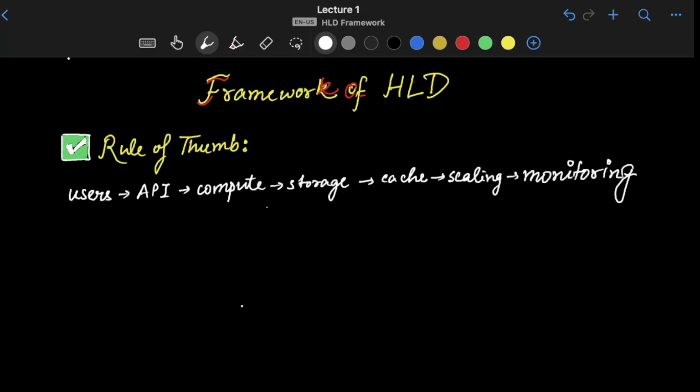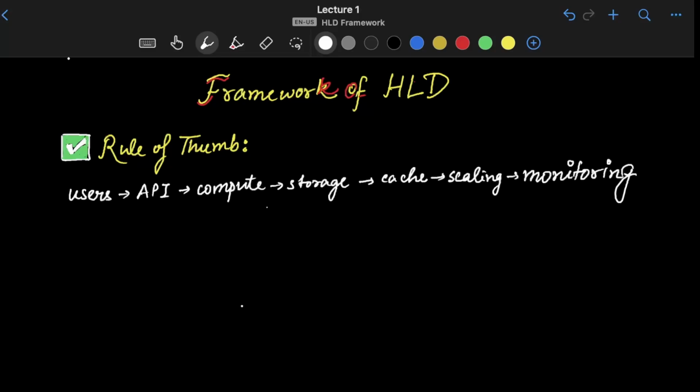So one rule of thumb in every HLD problem, if you have gone through my previous videos, what we were actually following was that there was a user who makes an API request to the server, which computes something. Upon computation it stores something in the database or retrieves from the database, computes in itself and returns the result to the user.